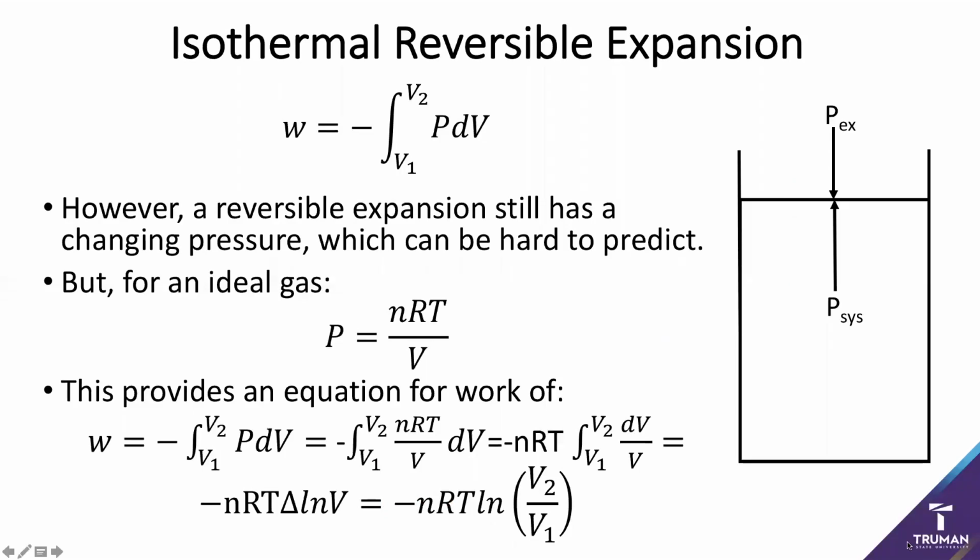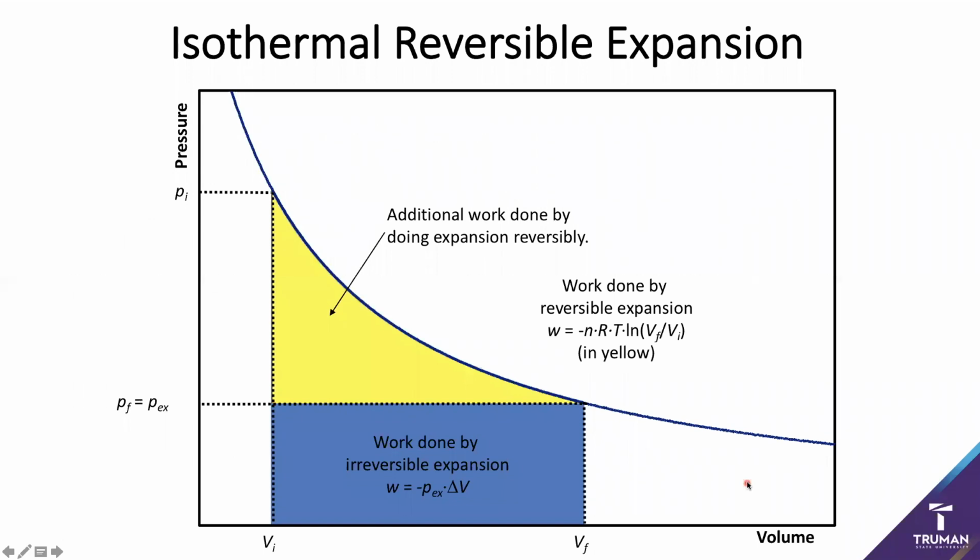Now let's go ahead and try to compare our isothermal reversible expansion to our old friend, the isobaric irreversible expansion. So the simplest case might be something like an isobaric expansion, where I have an initial pressure of Pi, and I'm expanding against some lesser force, say 1 atm, and my system will slowly increase in volume until my internal pressure reaches that final value of 1 atm.